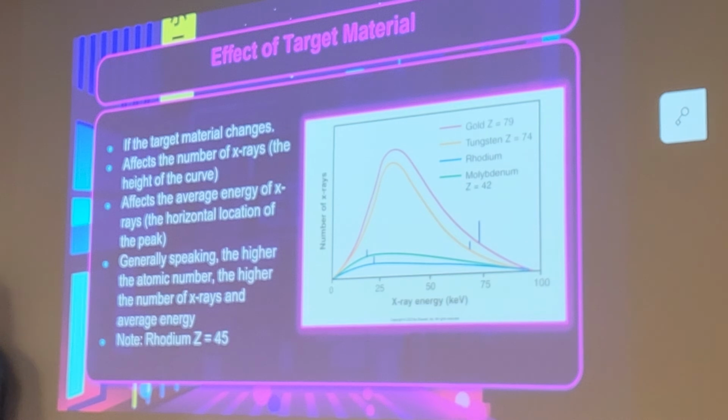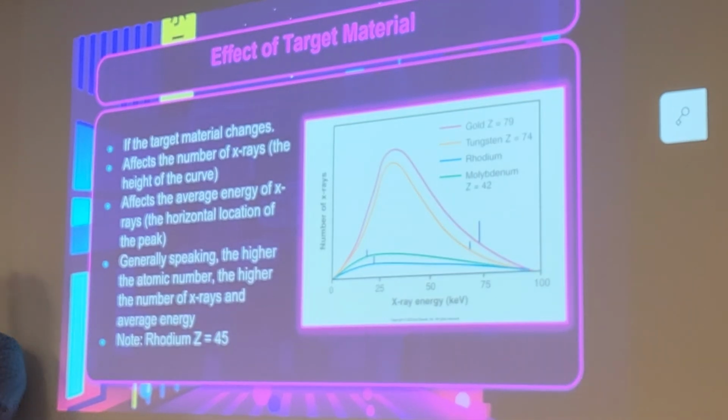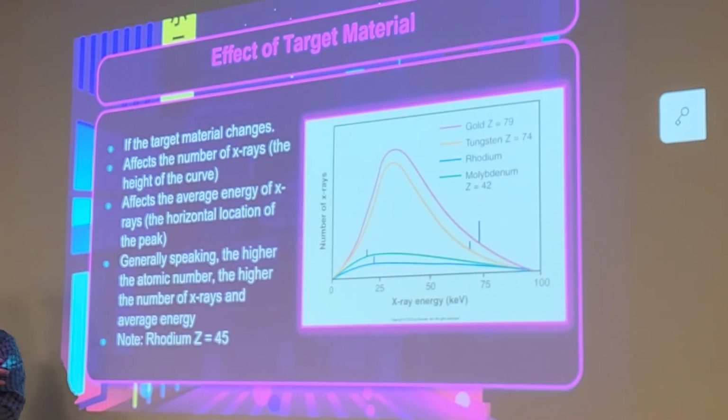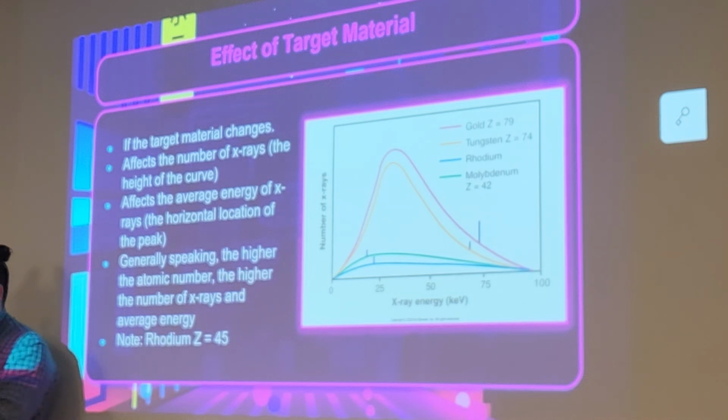Good. Target material also affects this emission spectrum. If the target material changes, it'll affect the number of X-rays. It'll also affect the average energy. Generally speaking, the higher the atomic number, the higher the number of X-rays, and the higher the average energy of the X-rays as well.